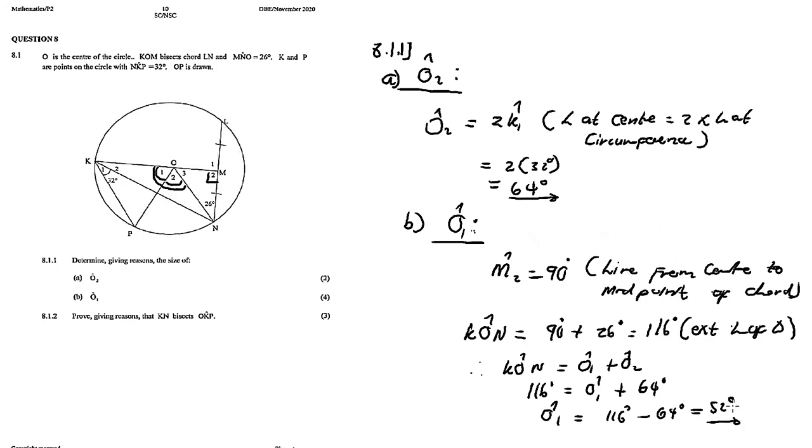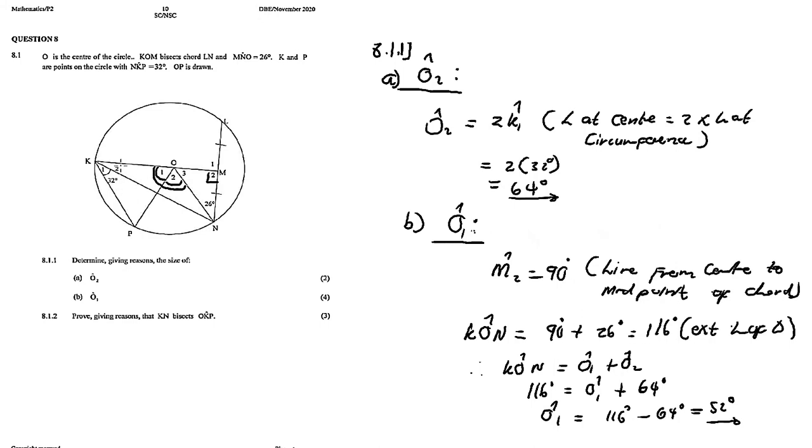Now we must prove, giving reasons, that KN bisects angle OKP. The term bisect simply means that these two angles will be equal.